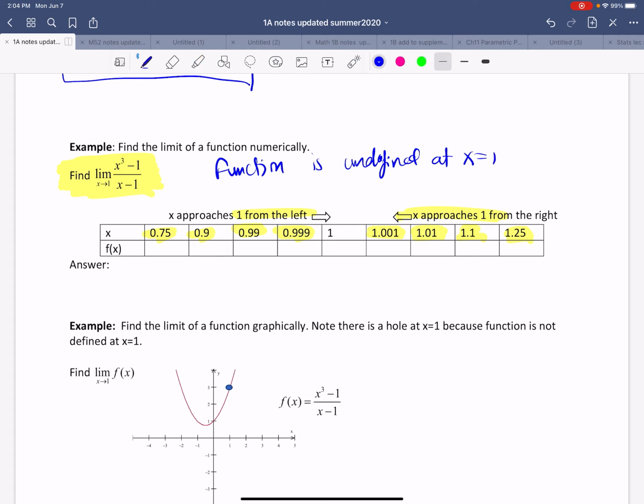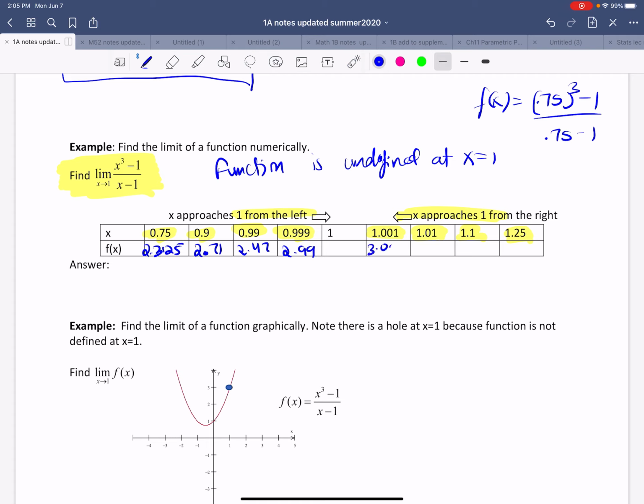If I use x as 0.75, f of x will be 0.75 to the third power minus 1 over 0.75 minus 1. And that's going to turn out to be 2.3125, then 2.71, 2.47 and 2.99.